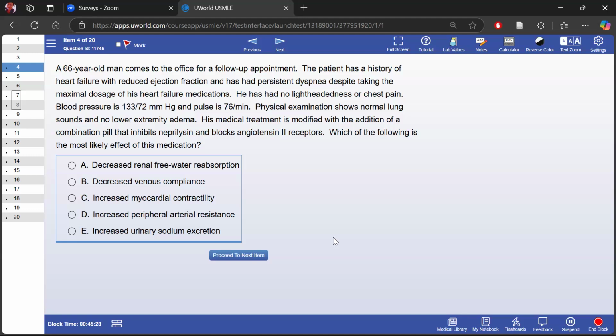Our poll is closing in 5, 4, 3, 2, and 1.